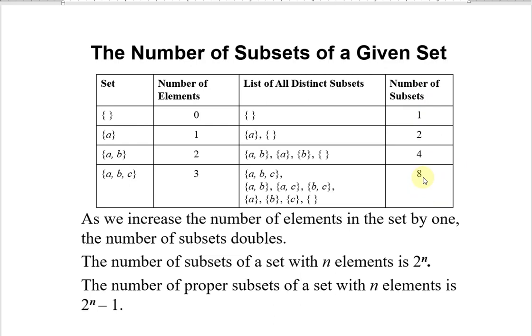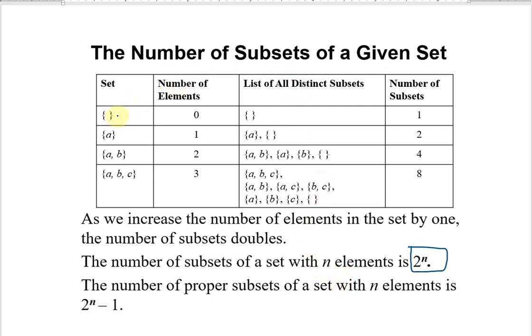Okay, so you can see the pattern here. For 0 elements, you have 1 subset. For 1 element, you have 2. For 2 elements, you have 4. For 3 elements, you have 8. So you can see that the number of subsets is related to the number of elements inside a set by this formula, 2 to the n, where n is the number of elements.